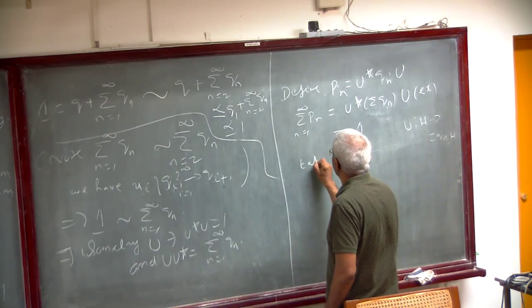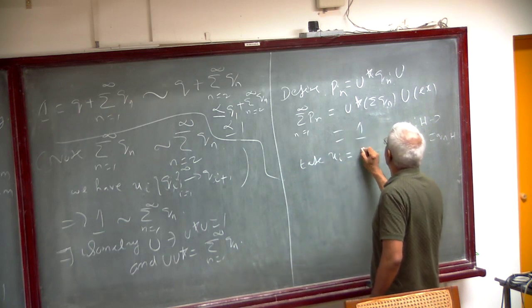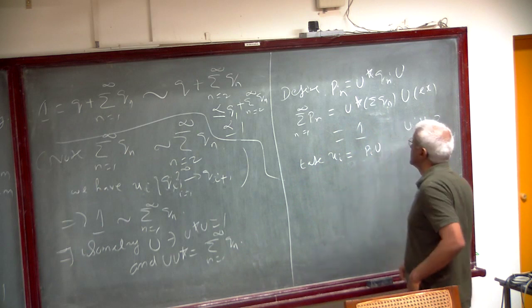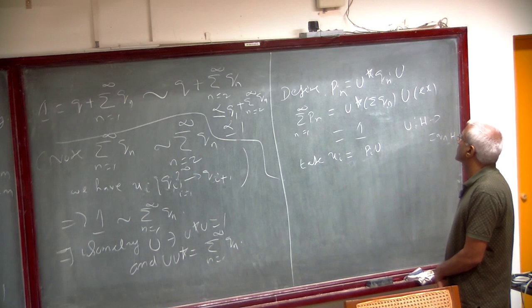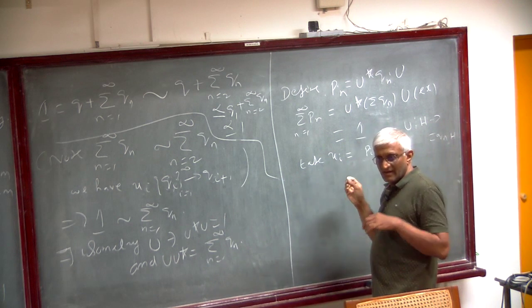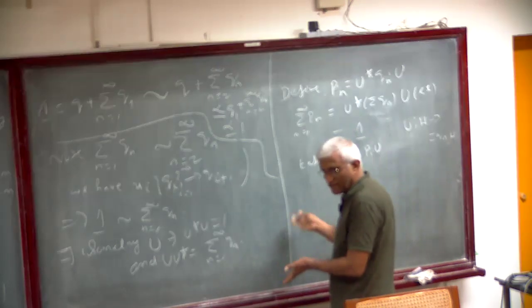Now take ui equal to Pi U. Then this is a partial isometry. You have to verify that, though it's clear. We will verify it.